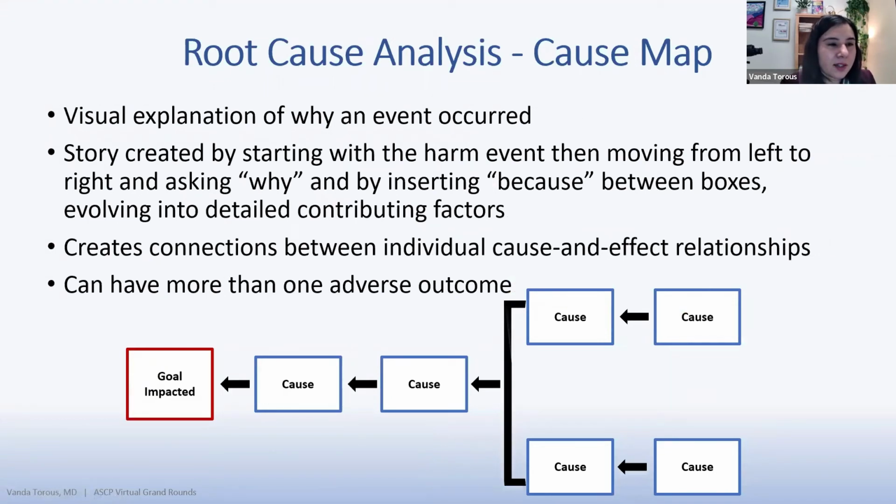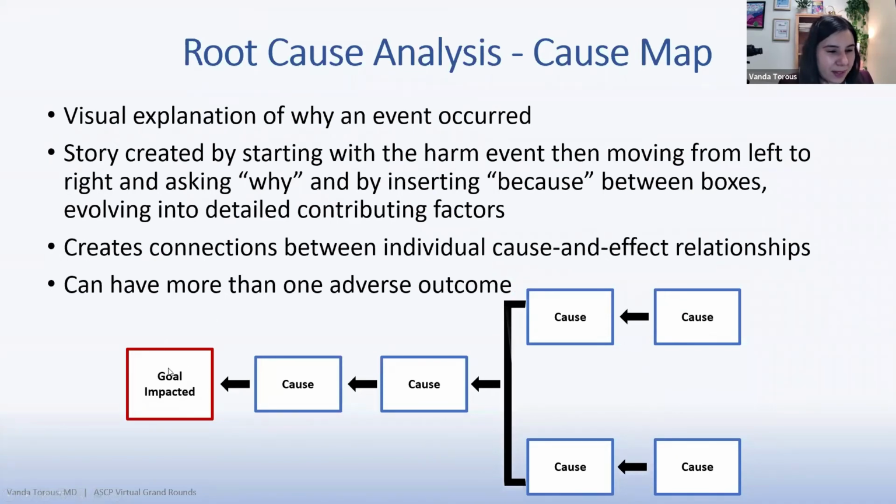So quite quickly, root cause analysis, talking about cause maps here. This is a visual explanation of why an event occurred. A story can be created starting with the harm event, then moving from left to right. Basically you're asking why at each step, and then you insert because.